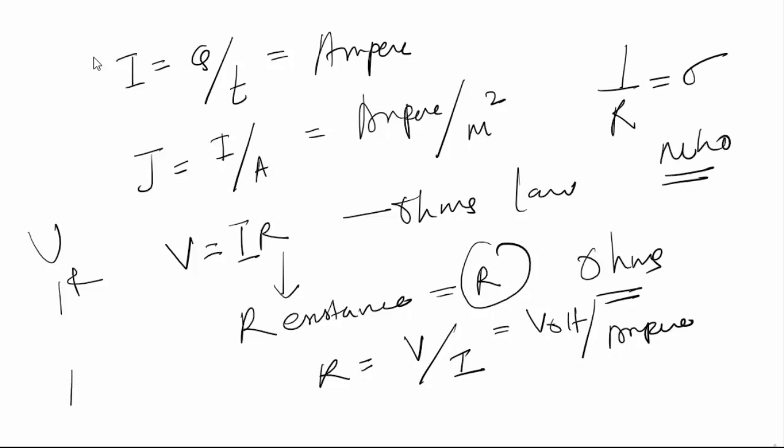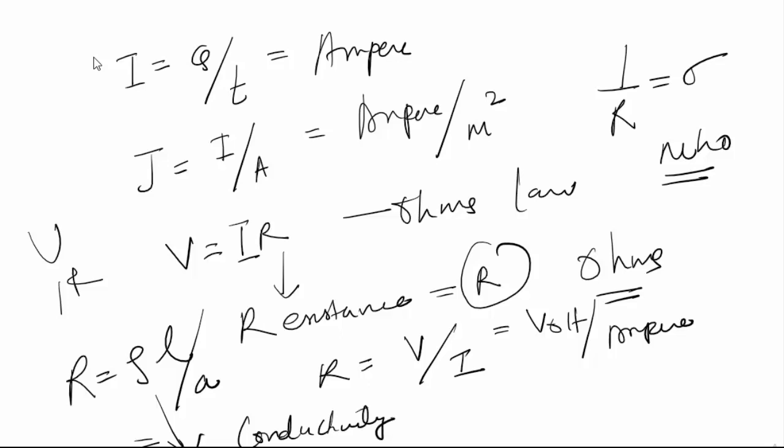The resistance is given by the equation rho L by A, where rho is the resistivity.